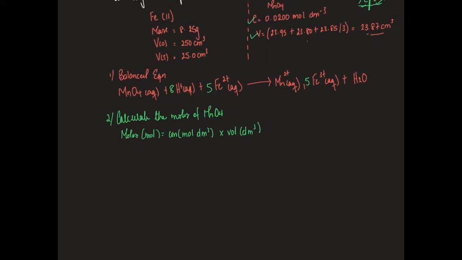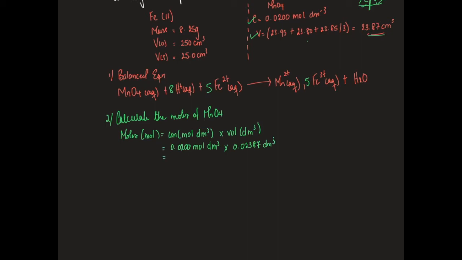So we're just going to plug in those values next, and we have 0.0200 mole per cubic decimeter. And the volume here is 23.87 cubic centimeters. So we're going to convert that into cubic decimeters by dividing by 1000, and we get 0.02387 cubic decimeters.